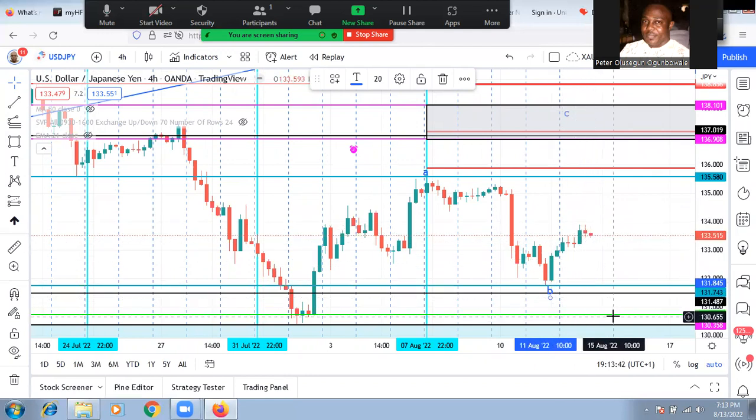So whichever, if it breaks down and comes inside there, I'm happy to look for price action to now begin to sell, which means that they have changed the structure in a way that they have finished the correction to the downside, and what they want to do is to begin to now ride up, break all the structure above. But I think the structure still favors more of go up, come to this side, come down before they go up. So that's it.